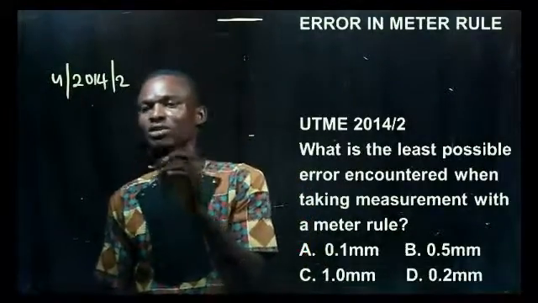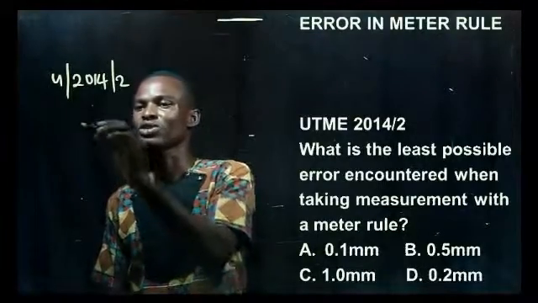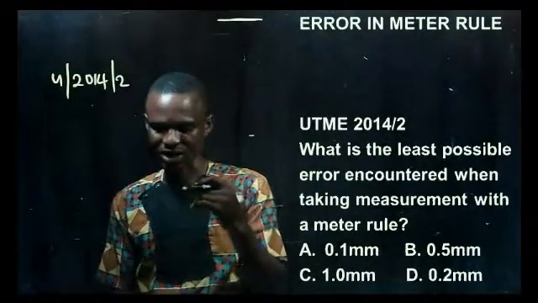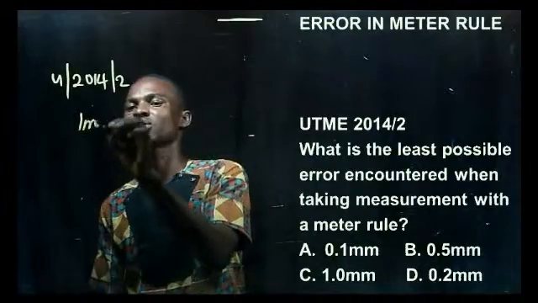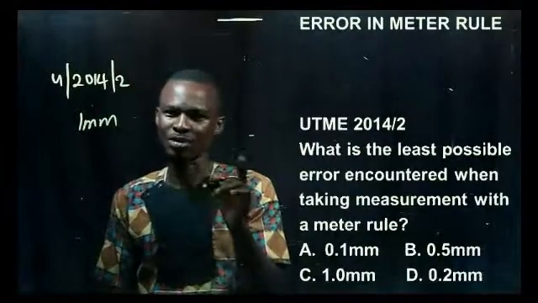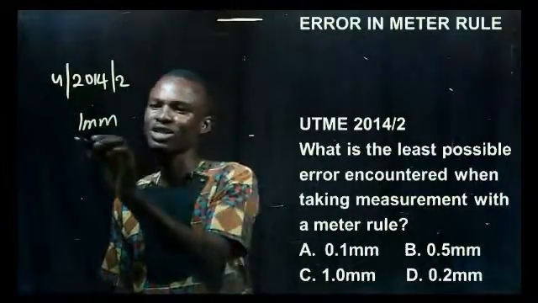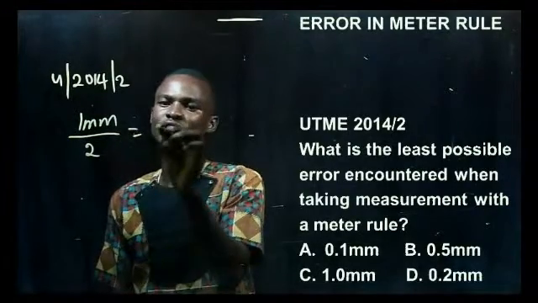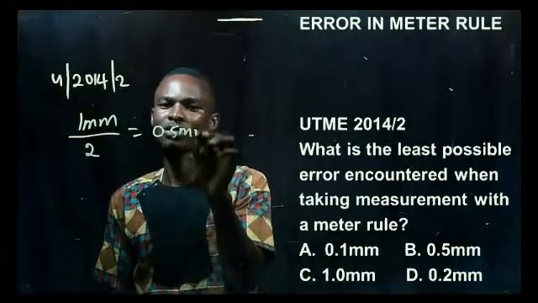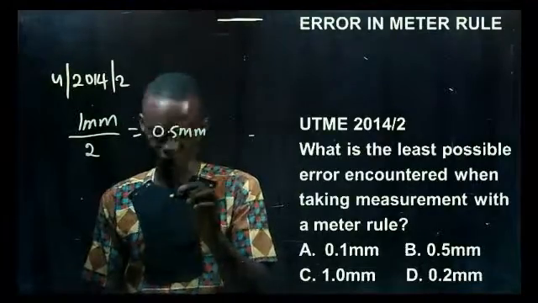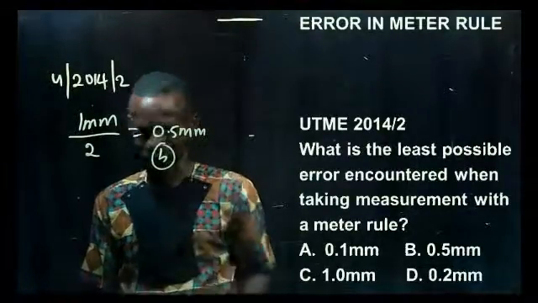To correctly answer that question, you need to know the smallest graduation in millimeter. The smallest graduation is 1 mm. So the least possible error is half of this number, which will be 0.5 mm. So option B is correct.